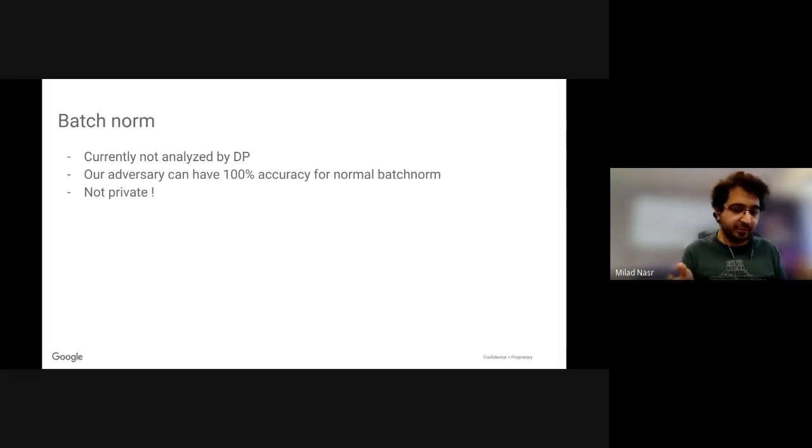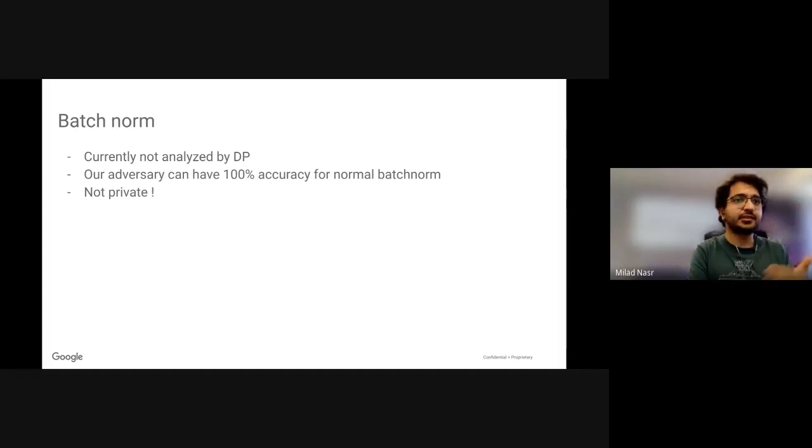We used this approach of differential training and tried to have an adversary distinguish between the two. We saw that our adversary can get up to 100% accuracy with normal batch norm. As a result, it's not private. You cannot use batch norm with DP-SGD; it just leaks information.